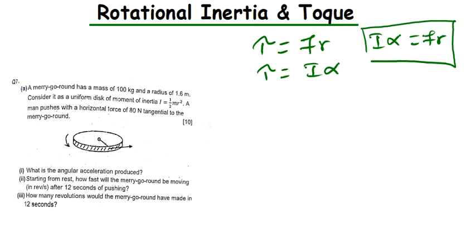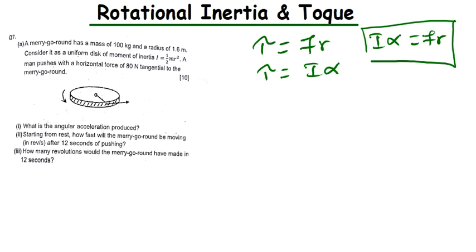From our data we can clearly see that we have the mass to be 100 kg, our radius is 1.6 meters, our inertia we have been told is half mr squared.